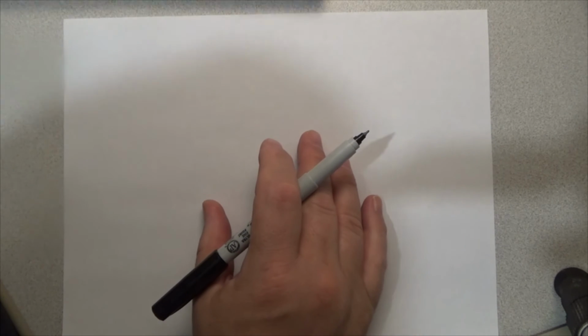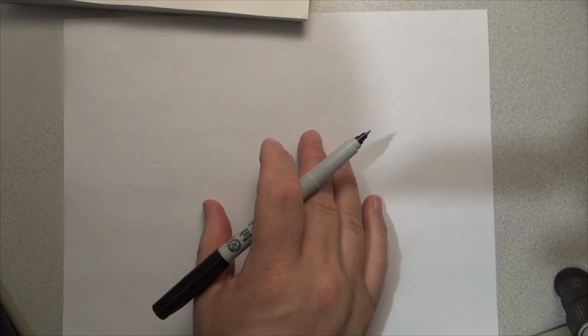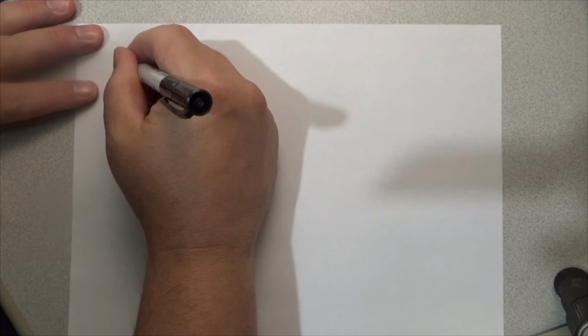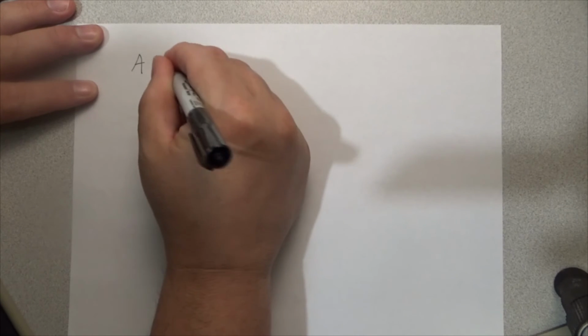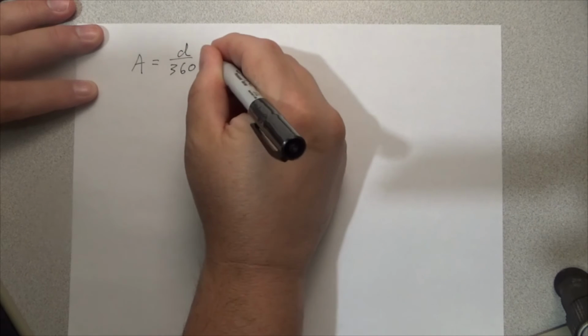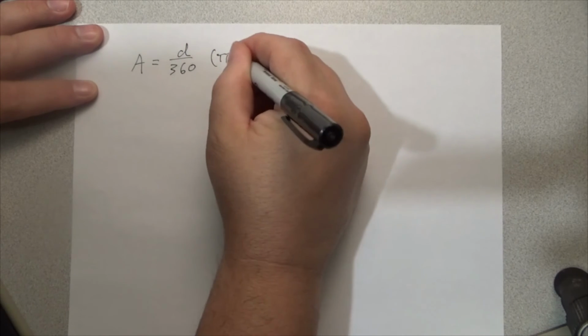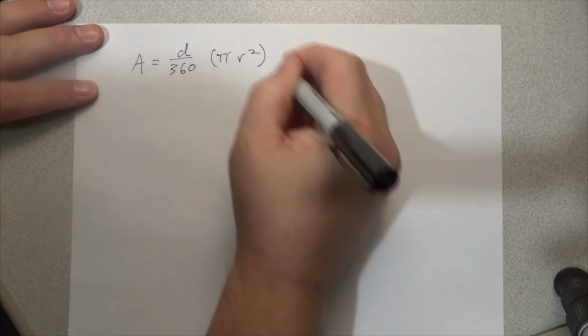All right, so let's take a look at number 17. Okay, so I'll write the equation down one more time, the raw equation. Area is equal to d divided by 360 times pi r squared.